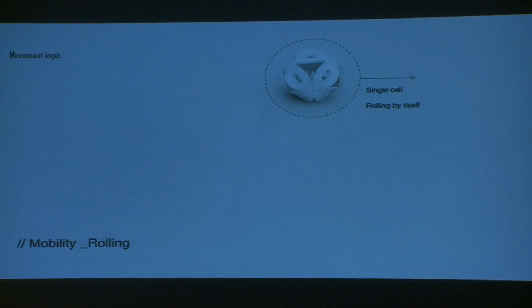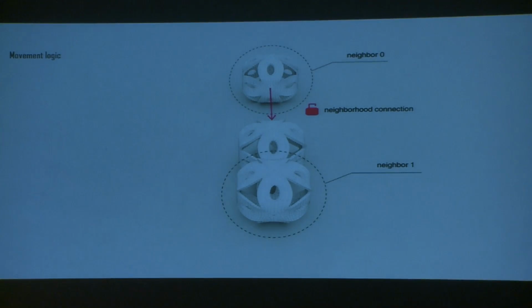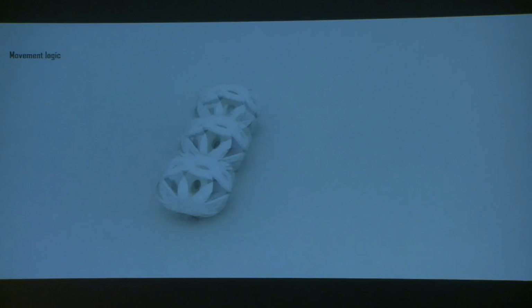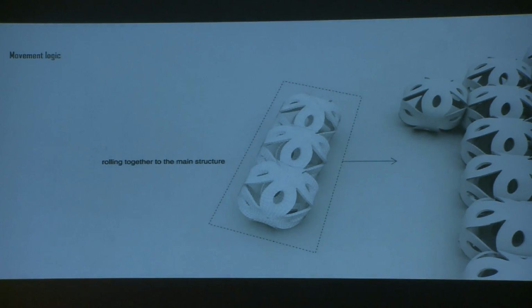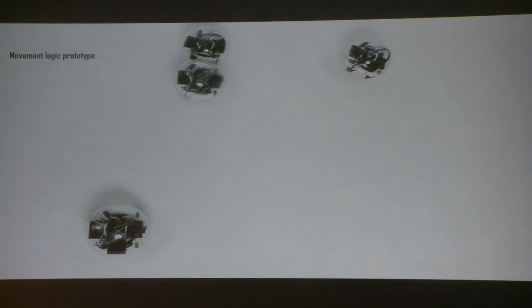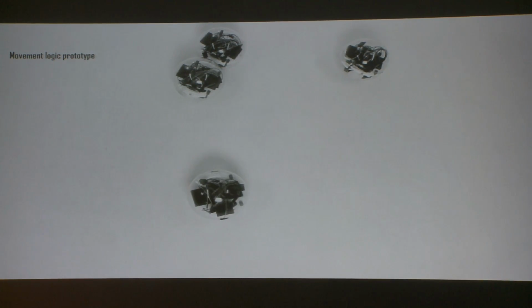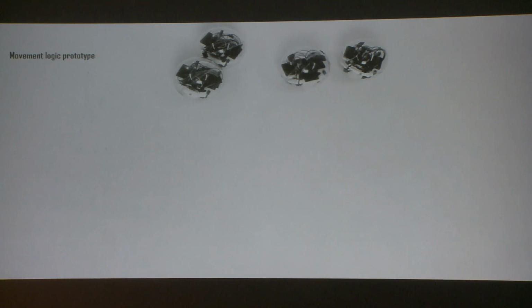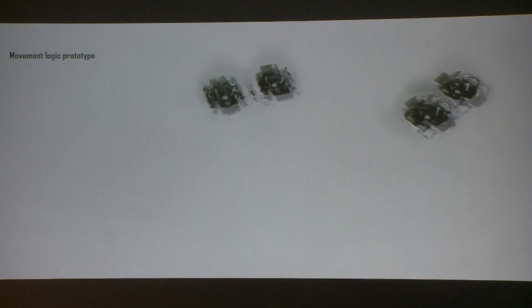Working through these strategies, we developed other strategies of how many cells can connect together to create bodies to move and conserve energy. And showing the same behavior in the prototype for 2. And for 3.